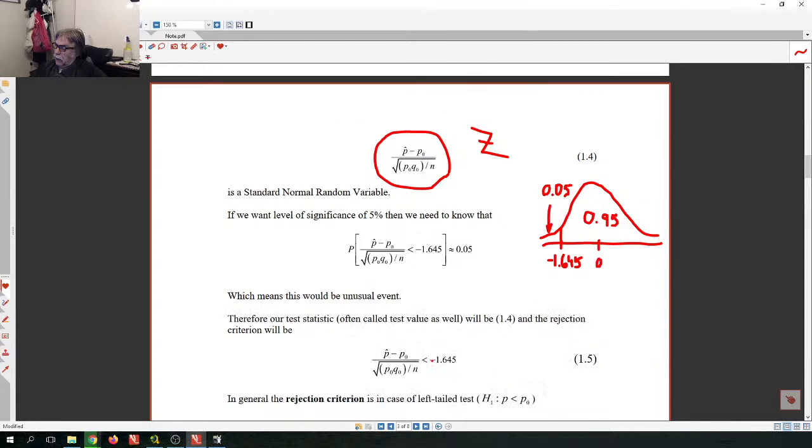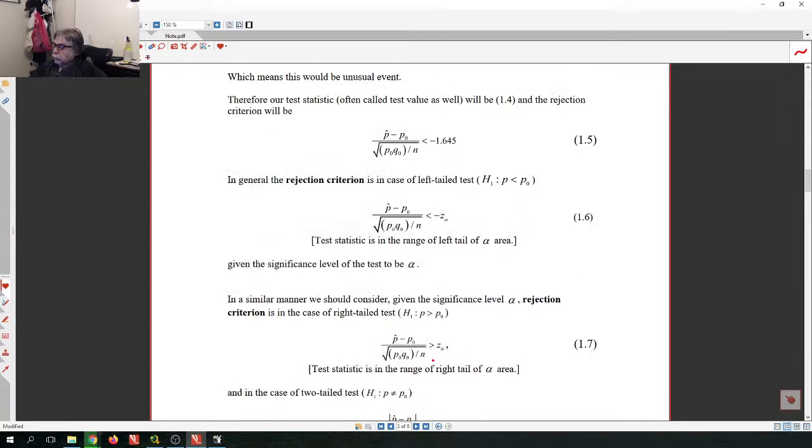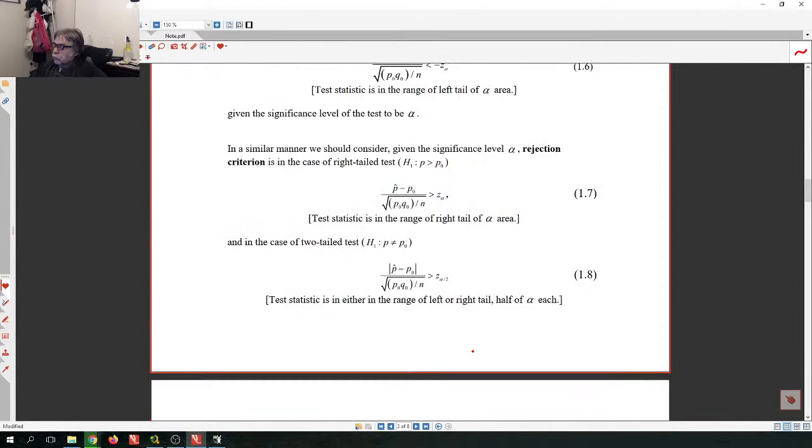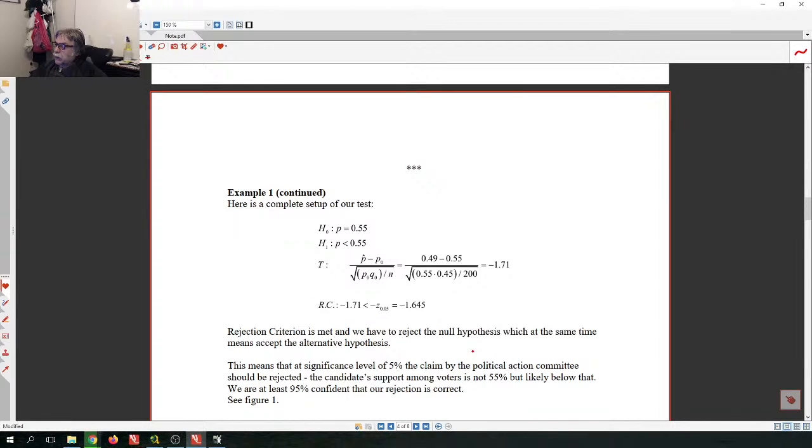So I did the calculation here. Lots of story here, but I calculated P hat, the proportion of the sample, which is 49%. The P0 claimed and assumed population proportion is 0.55. That was claimed in the null hypothesis, right? Q0 is 0.45.